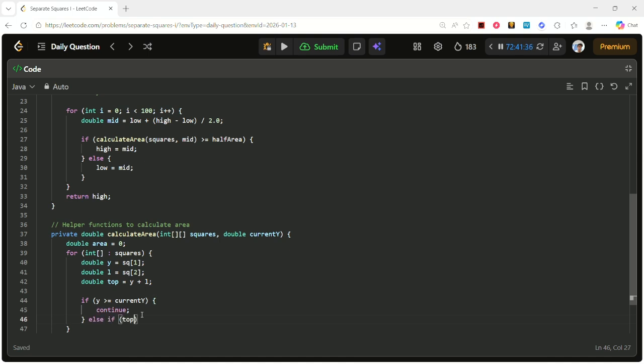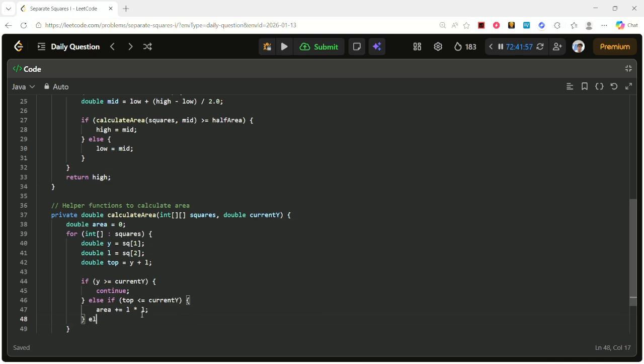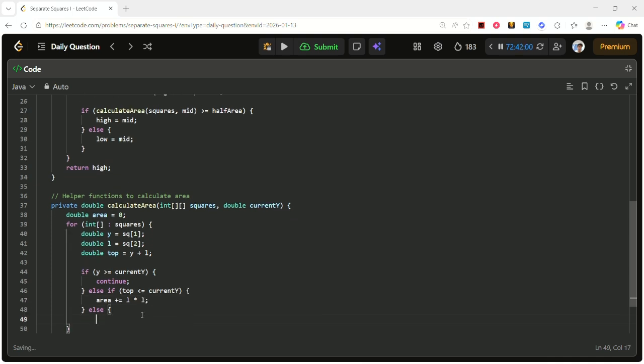Case two, the square is completely below the line: else if top is less than or equal to currentY, then area adds L into L, the full square area.